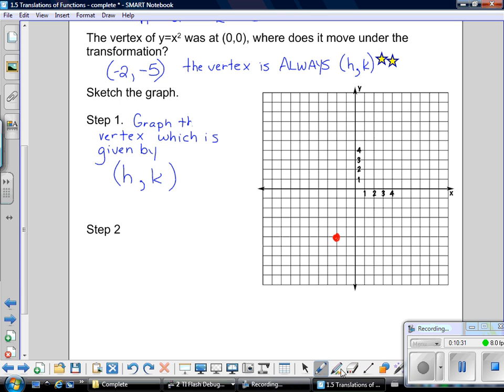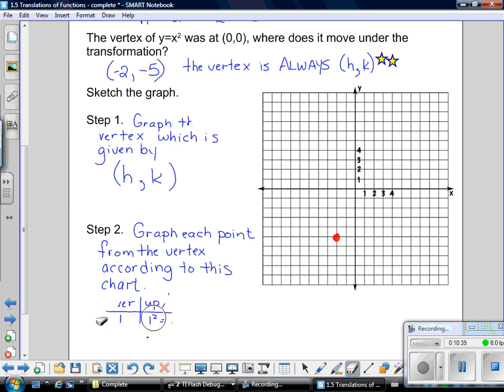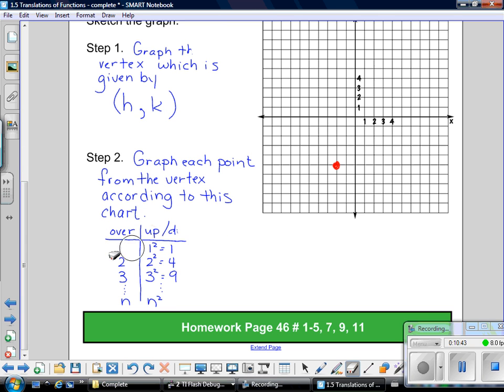Then what I need to do is actually very easy. I'm going to graph each point from the vertex according to this chart, the chart we've been working with all along. Over 1, up 1 squared; over 2, up 2 squared; over 3, up 3 squared. I don't care where the vertex starts. I just need to start there and follow this step pattern.